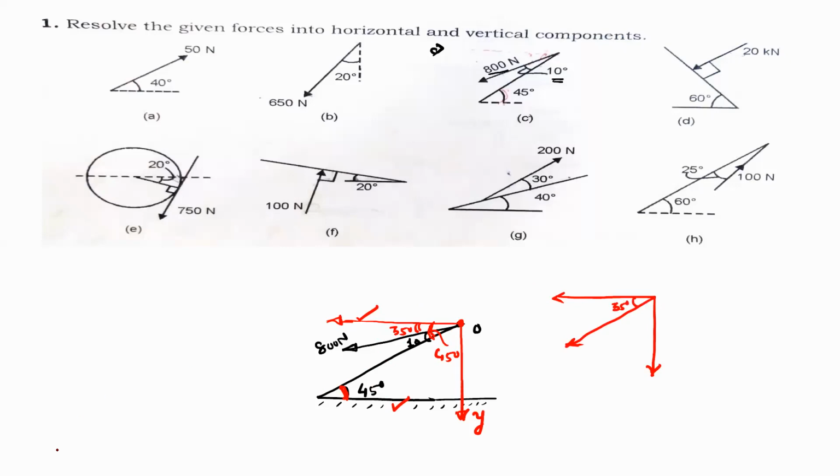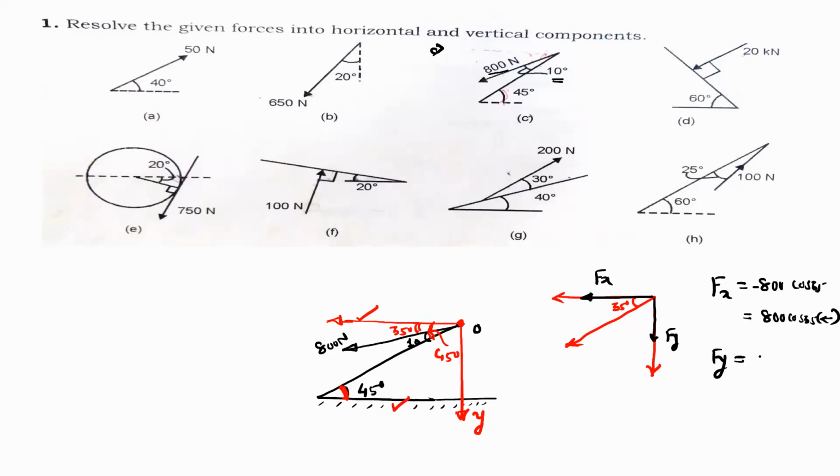Now the remaining procedure is the same. The force is acting in the third quadrant. So draw the components. This is Fx and this is Fy. We can write Fx is equal to minus 800 cos 35, that is 800 cos 35 in the negative x direction.